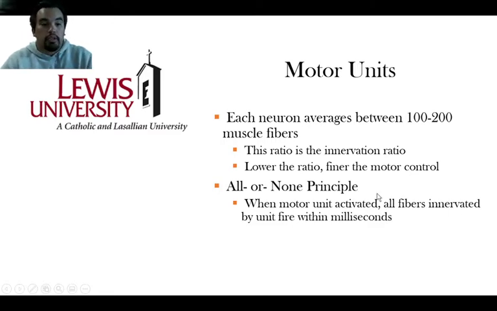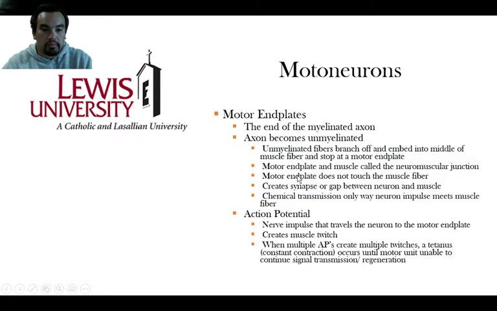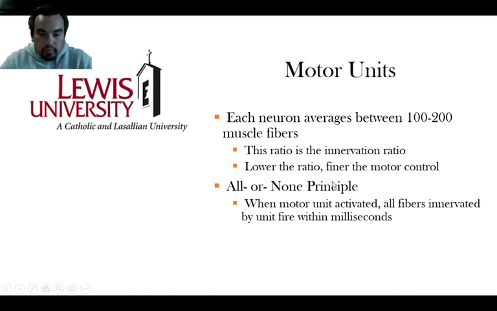In these motor units, each neuron averages about 100 to 200 muscle fibers. So each one of those neurons back there is responsible for 100 to 200 muscle fibers. And the ratio of neurons to muscle fibers is the innervation ratio.